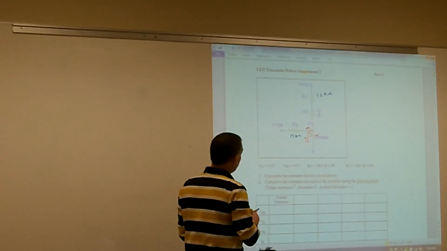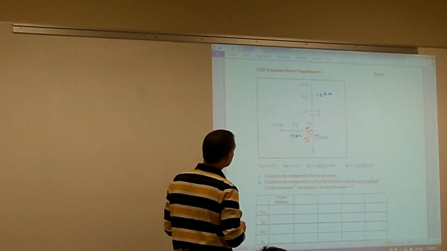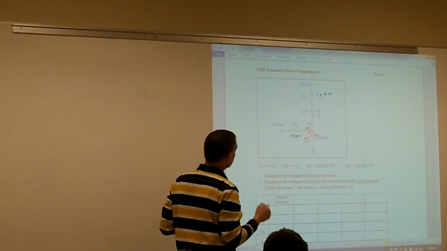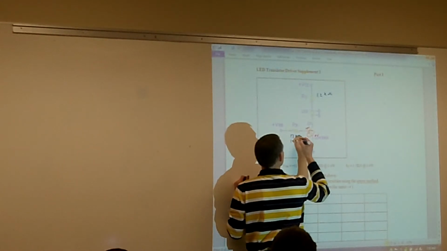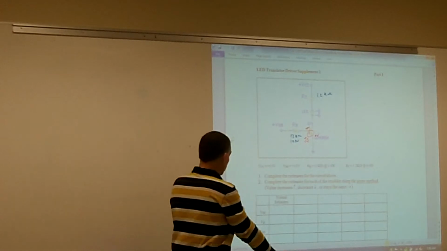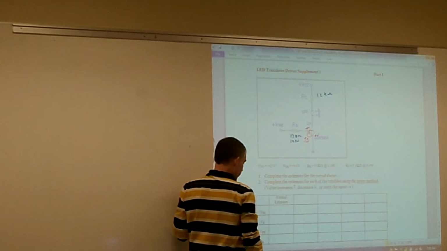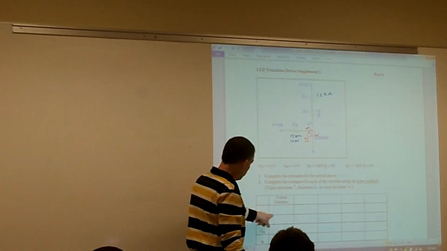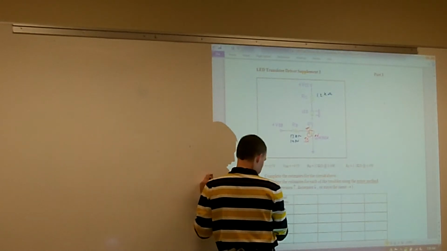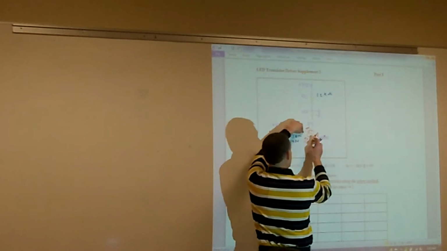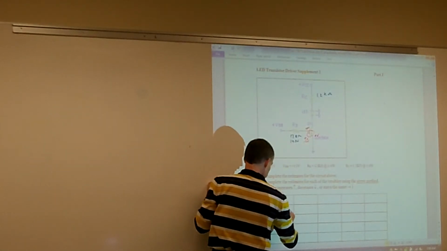Then what's going to be the remainder across our RB, our base resistor? Yeah, 14.3 volts. So on our chart, our voltage from base to emitter is going to be 0.7 volts, and that's actually a test point, a positive 0.7 volts.